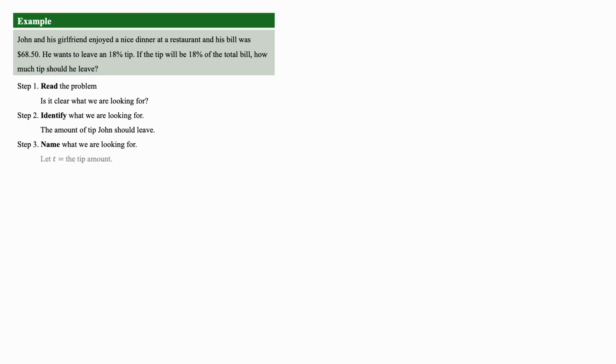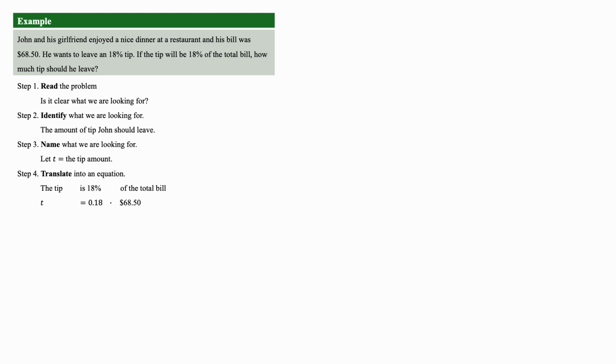So let's name what we're looking for. We let the tip amount be equal to t, and we translate this into an equation. So if the tip is 18% of the total bill, let t equal the amount of the tip, and then is 18%, which is just 0.18.